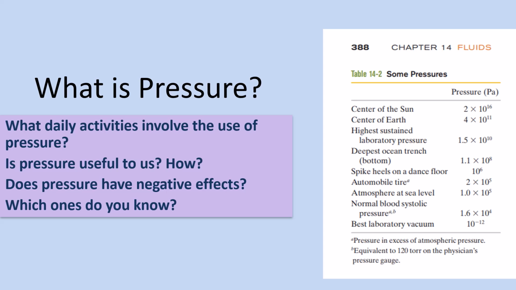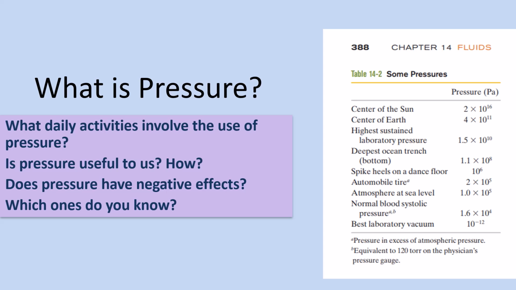The deepest ocean trench, at the bottom of it, the pressure exerted by water overlying it is of the order of 10 raised to 8. And then the spike heels on a dance floor, these are of the order of 1 million pascals. Automobile tire, less than 1 million.